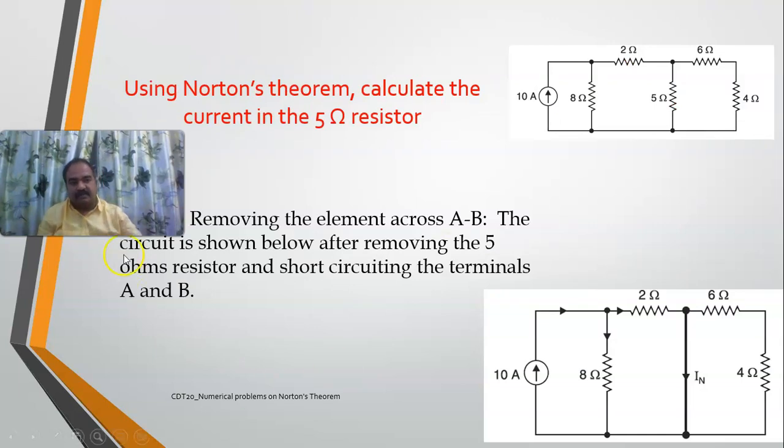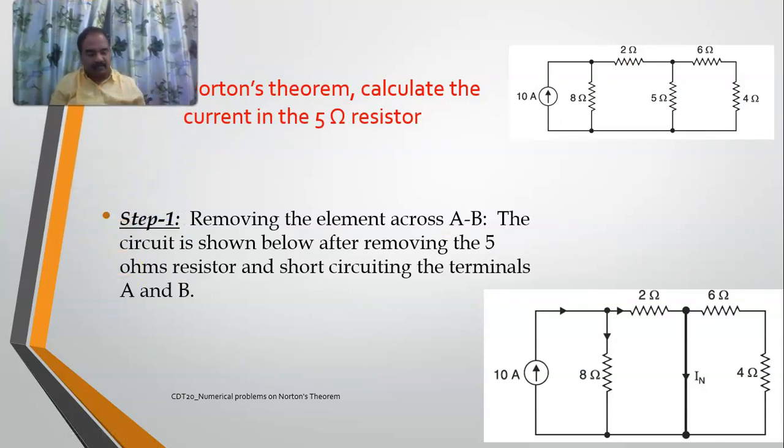So, step number 1 is you remove the element across A and B and mark the terminals across that. So, this is the resistance which is to be removed, right?